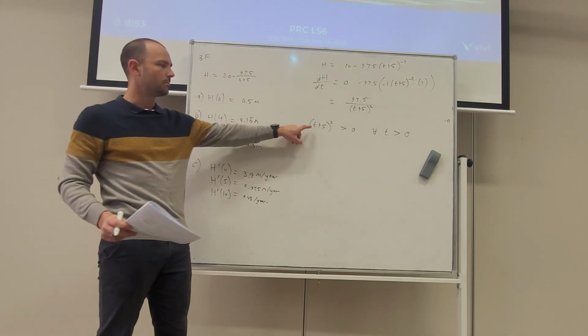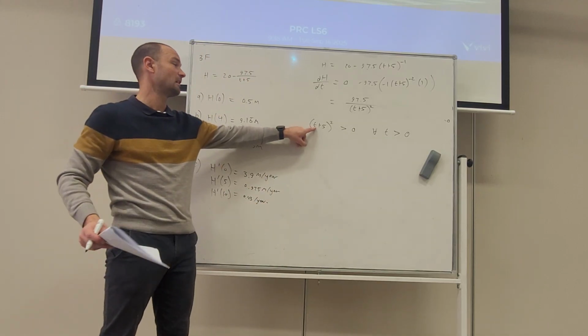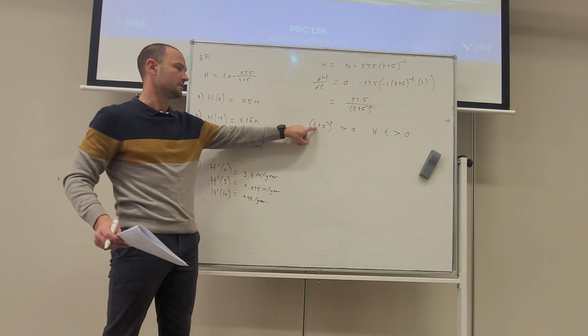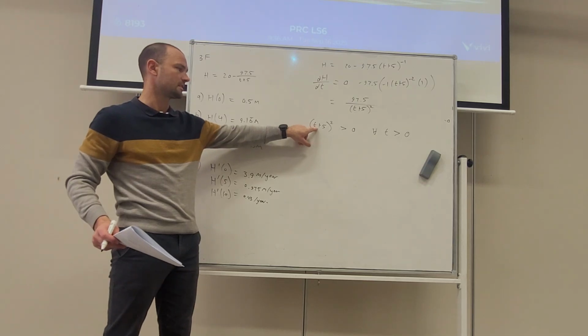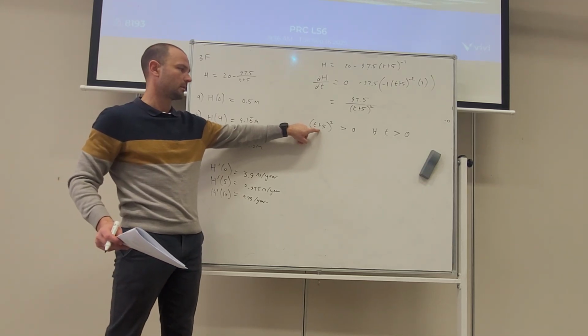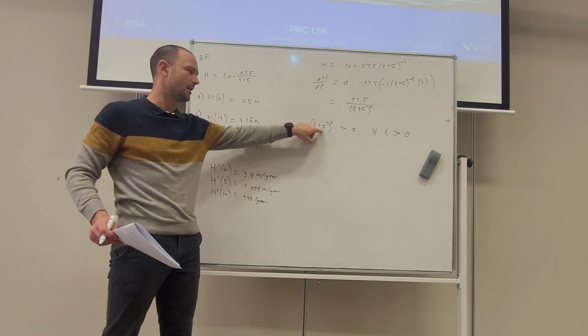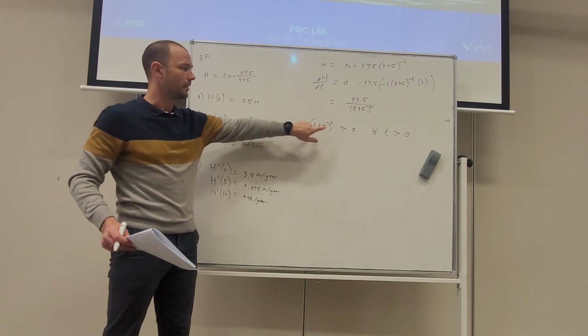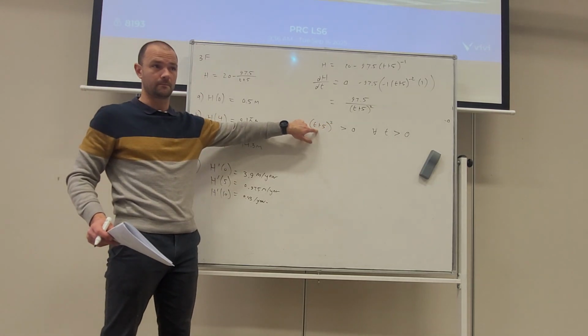Doesn't matter what value of time you put in there, we get 0, 1, 2, 3, 4, 5, 6. We're going to have 0 plus 5, or 1 plus 5, or 2 plus 5, and then we're squaring it. This part is always going to be positive.